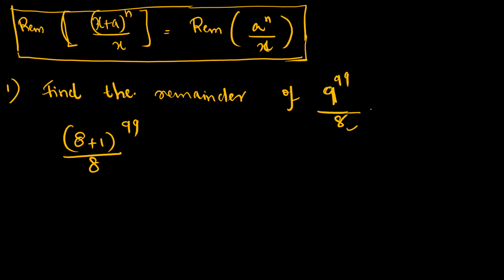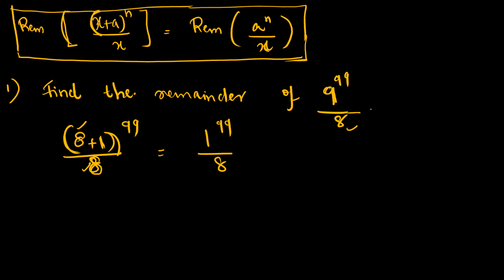So what happens here, this 8 is completely divisible by 8. Okay, so when we expand this expression, that is in the form x plus a whole raised to n, we know that all other terms will contain an 8 term. So that will be completely divisible by the denominator, and the last term only, that is 1 raised to 99, is not completely divisible by 8.